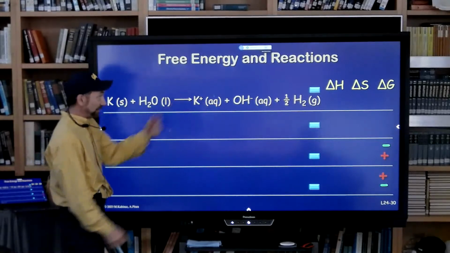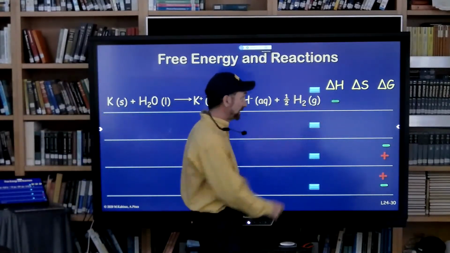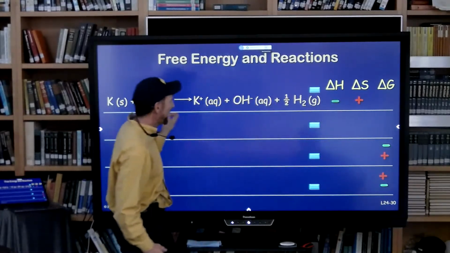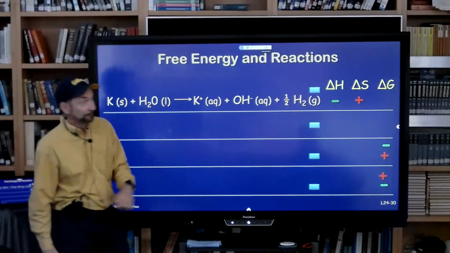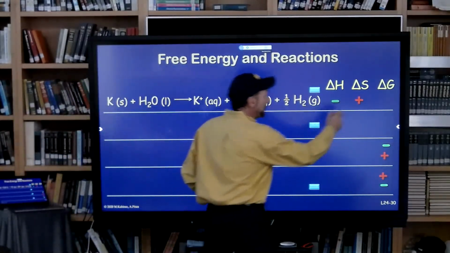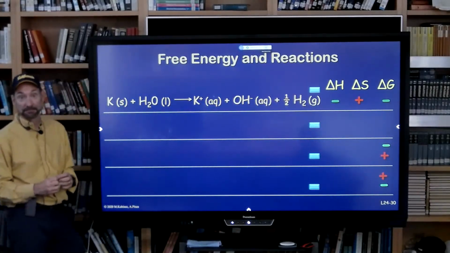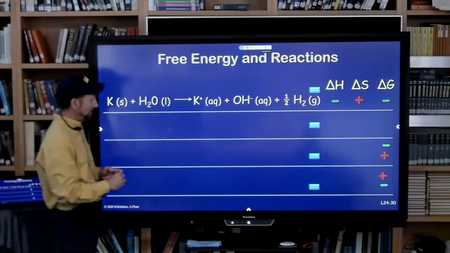This reaction is exothermic. It's a fun one. We get to watch it go exothermically. I think you would also guess delta S is positive because it produces a gas. So you would say that delta G is negative for all temperatures. You would say that's spontaneous no matter what temperature you go to.